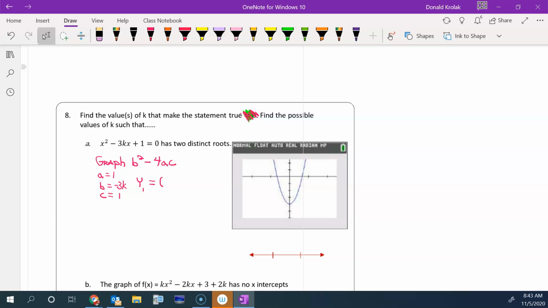On my calculator, I can't use a K, I have to use an X. Minus 4 times A times C. So I'd be typing in this equation.